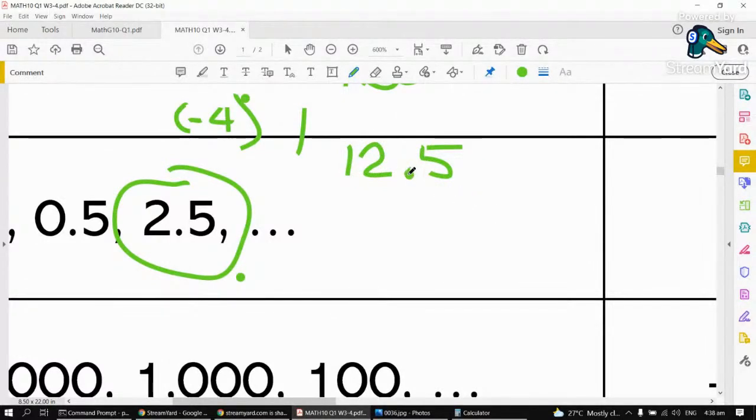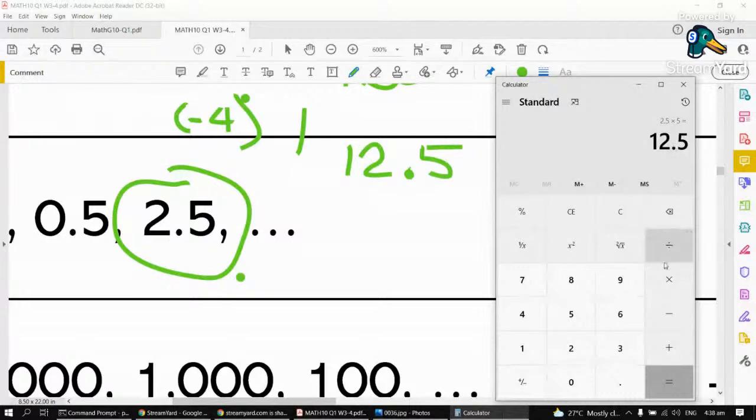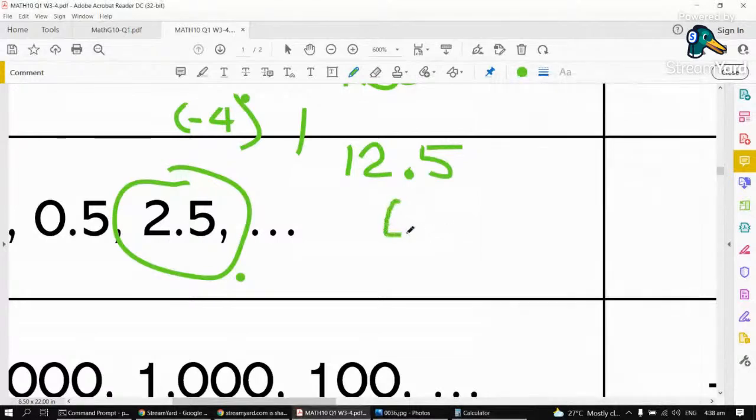Then, pagkatapos ng 12.5, i-multiply din natin ng 5. 12.5 times 5, that's equal to 62.5. So, yung next term is 62.5 times 5. Bakit nga ba ulit 5?